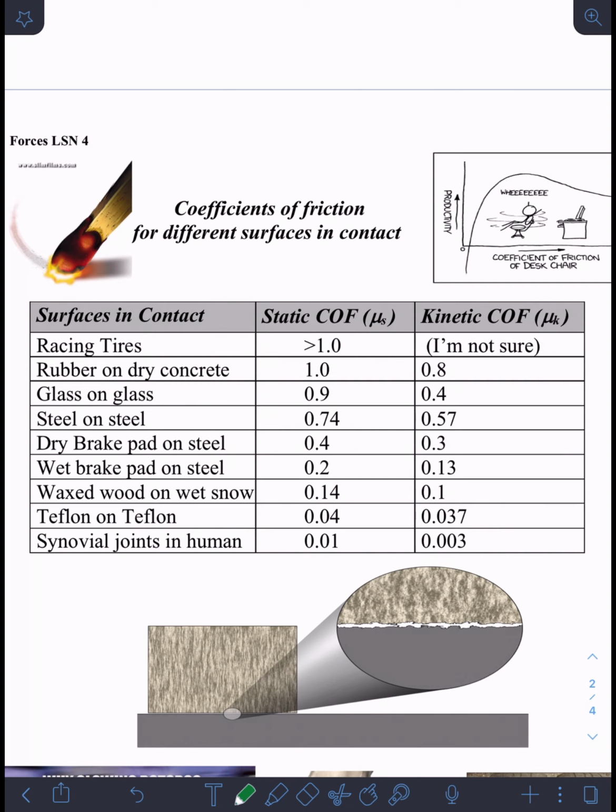That comes back to the coefficient value actually being a little larger when the surfaces are stationary and you try to move them. So I kind of view this as my locking. This is the coefficient you're going to use to figure out the locking force. In other words, if you can't unlock these surfaces, you're not going to move the object.